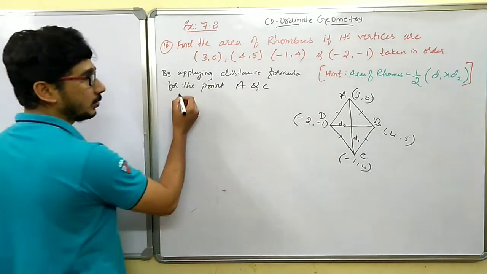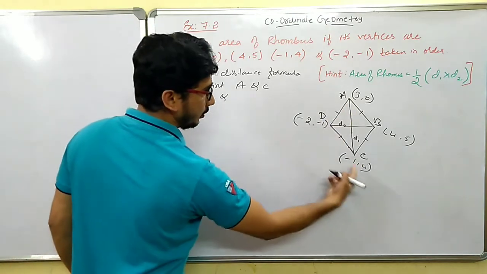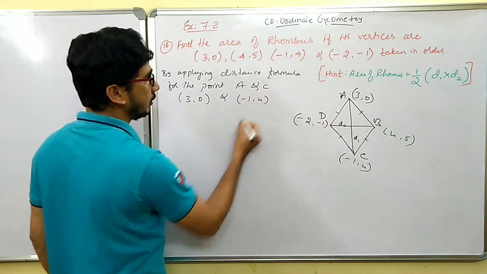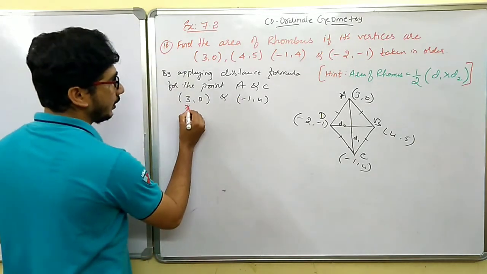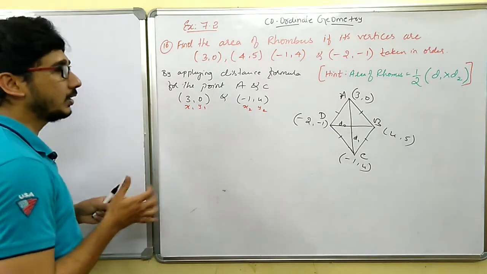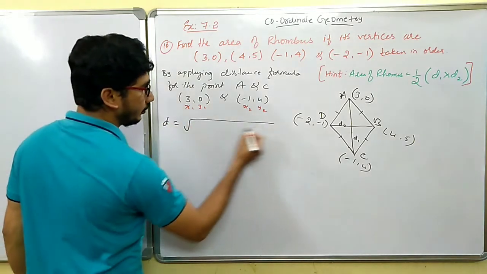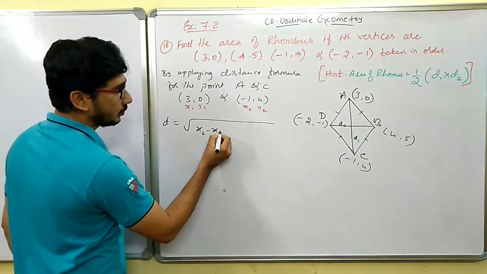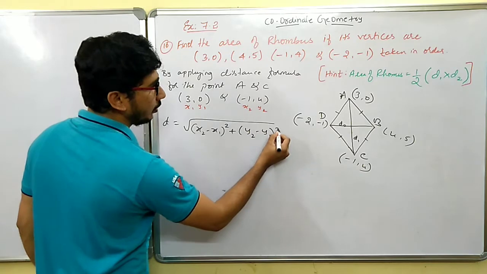The points are 3 comma 0 and minus 1 comma 4. Call these x1, y1, x2, y2. So what is the distance formula? D is equal to root of x2 minus x1 whole square plus y2 minus y1 whole square.